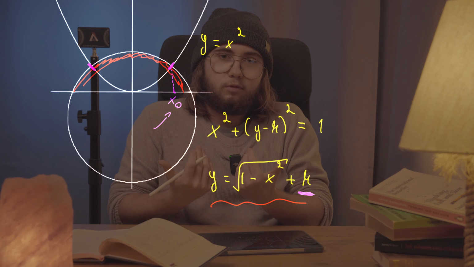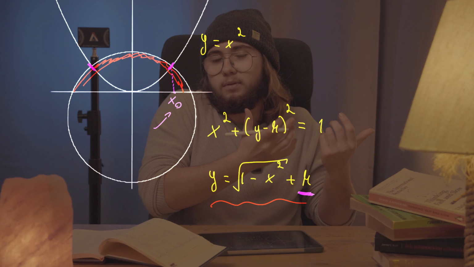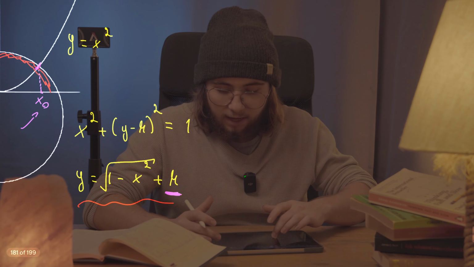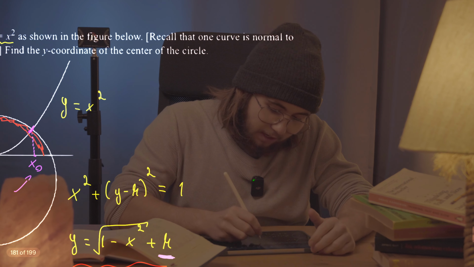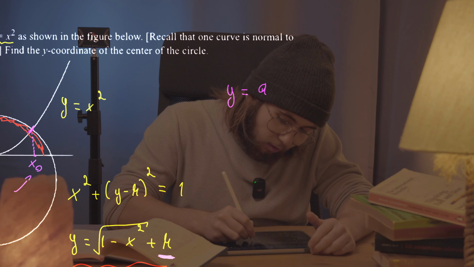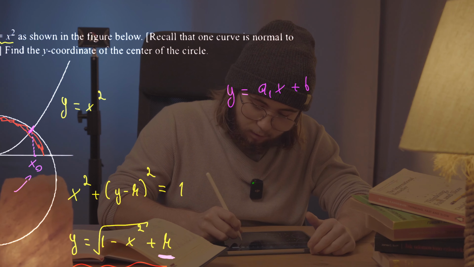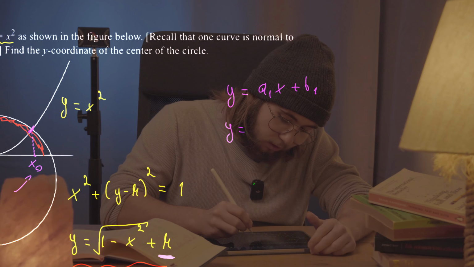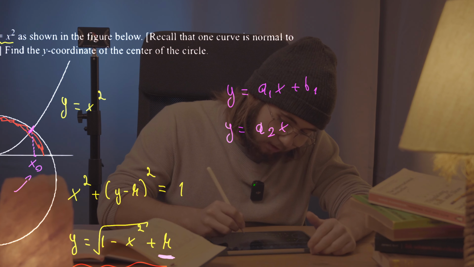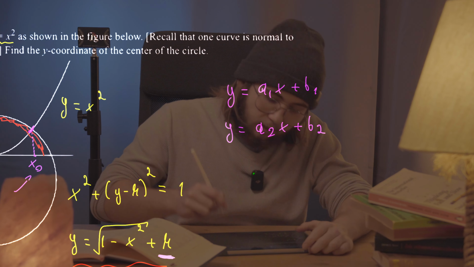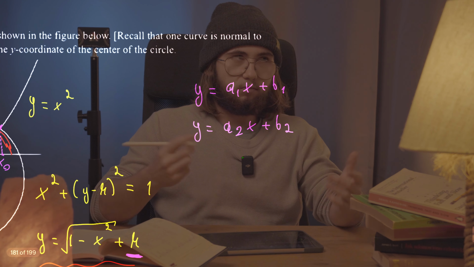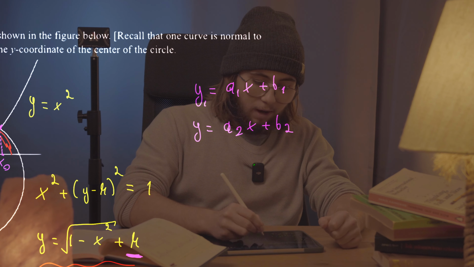So what does it mean for two lines in the coordinate system to be perpendicular? Let me say that I have two lines, y1 is equal to a1 times x plus some b1, and y2 is equal to some a2 times x plus b2.